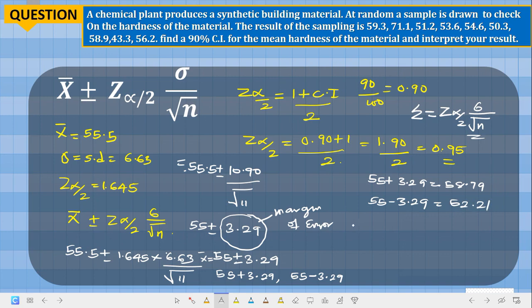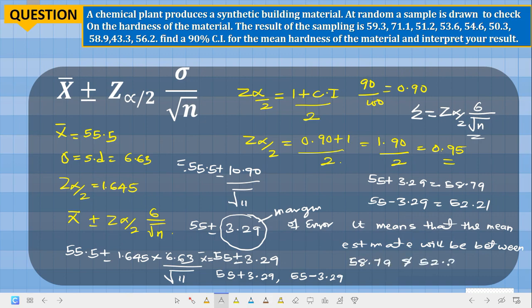If you want to interpret this, it means that the mean estimate will be between 52.21 and 58.79, whichever order you want to take.